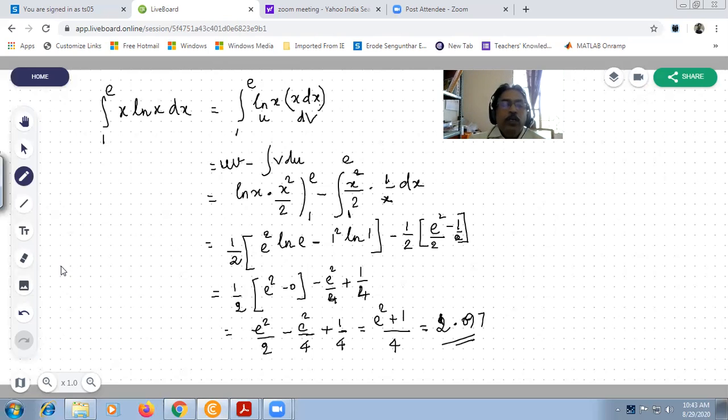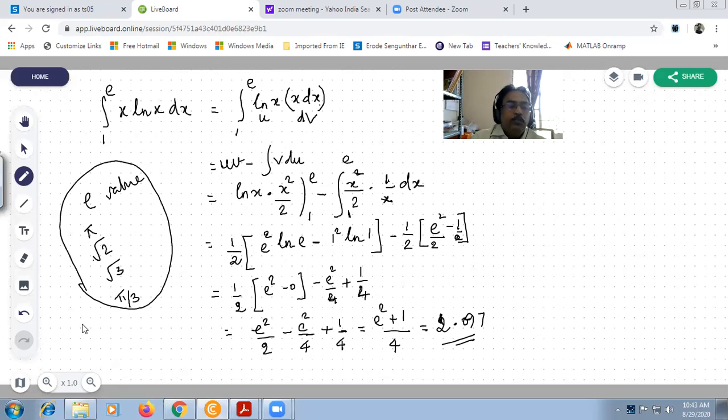So you have to keep the irrational E value, pi value, root 2, root 3, pi by 2, pi by 3, and so on, in memory so that you can do the problem, since we don't have any calculator.